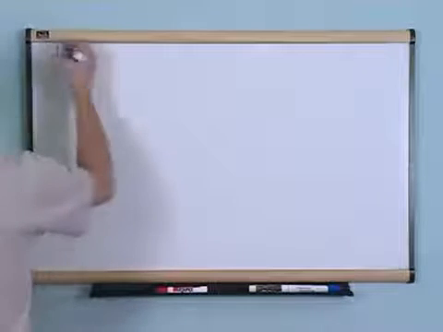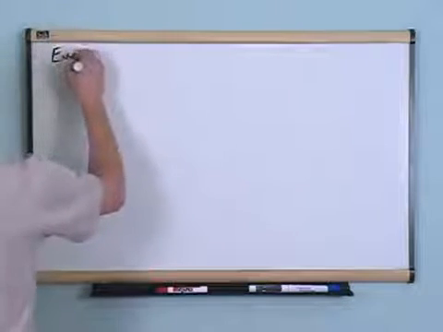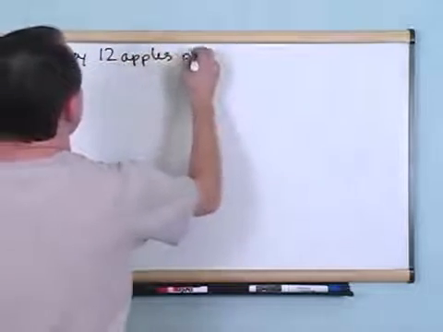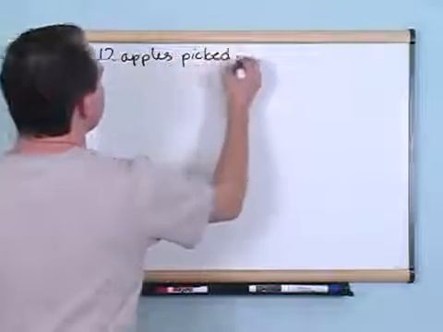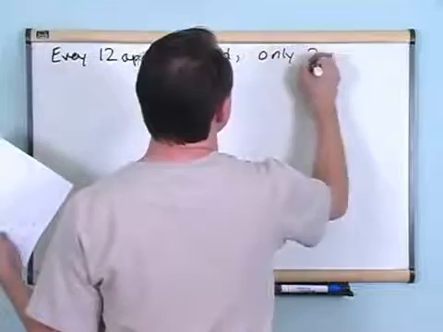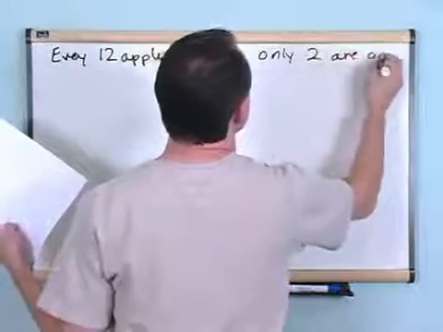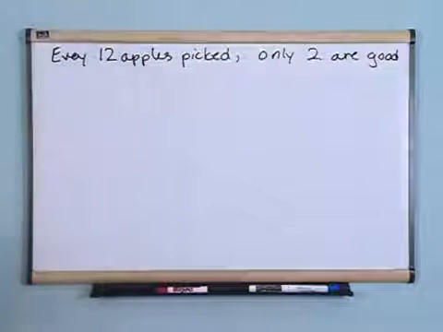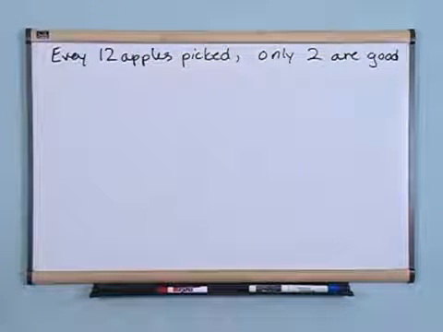So you have a bucket of apples, okay? For every 12 apples picked, okay, only 2 are good. So that's not very good. That's a pretty ugly bucket of apples. 12 apples you pick out, only 2 of them are good. The rest of them are rotten, okay?